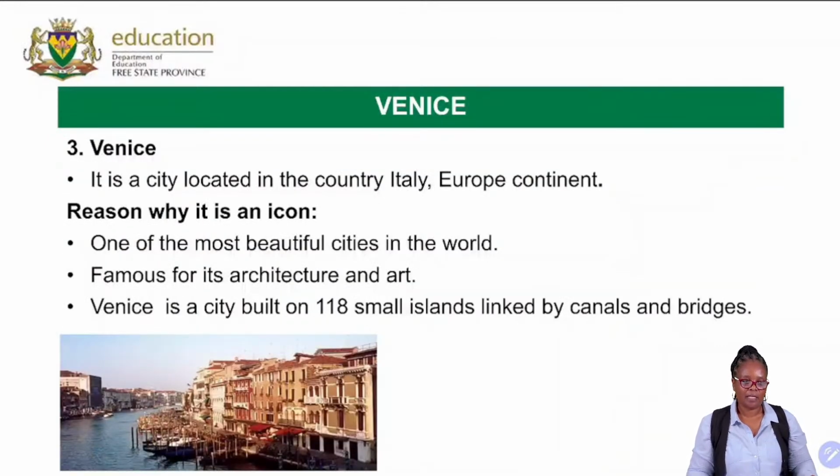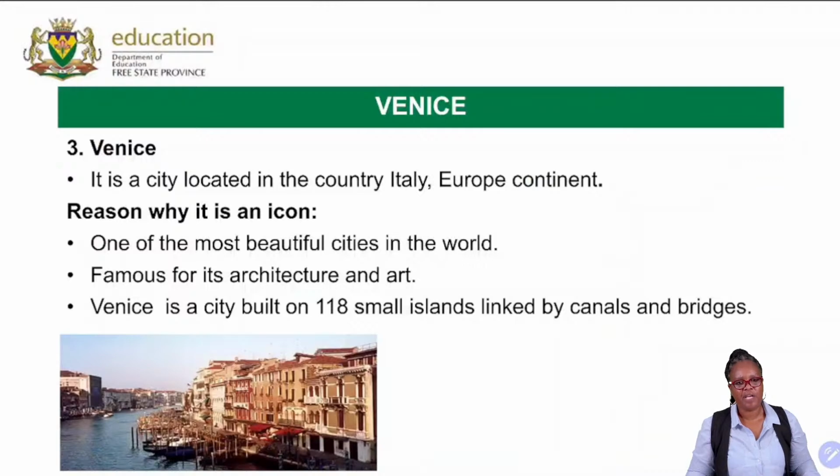I want us to look at the third one, which is Venice. It's a city. Remember what I told you? That for each icon, you have to know whether it is man-made or natural.